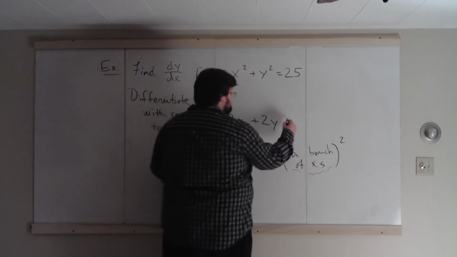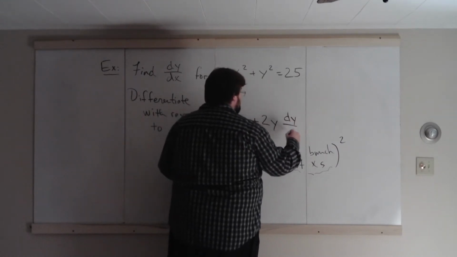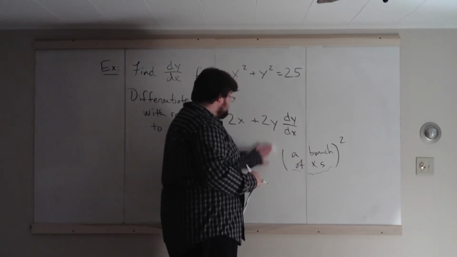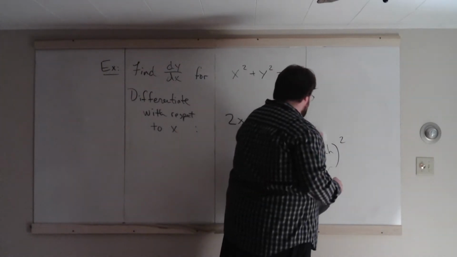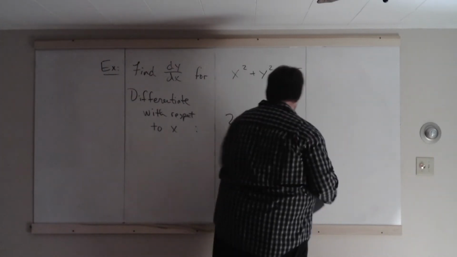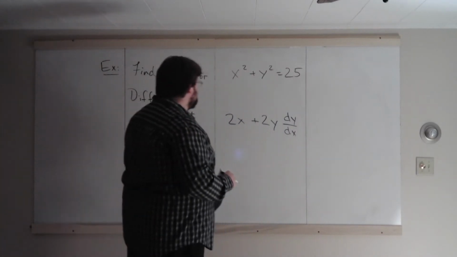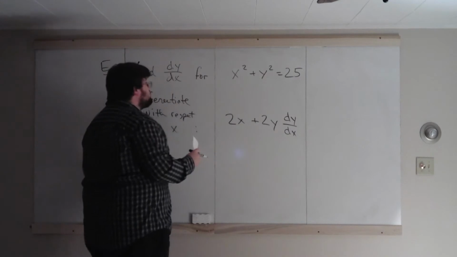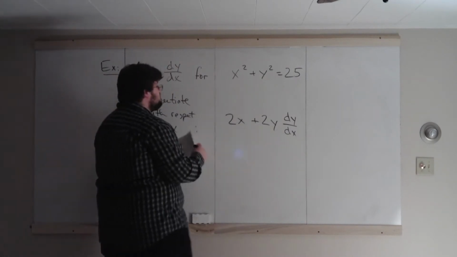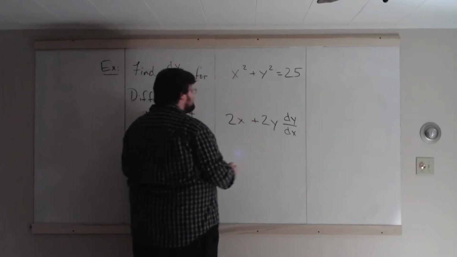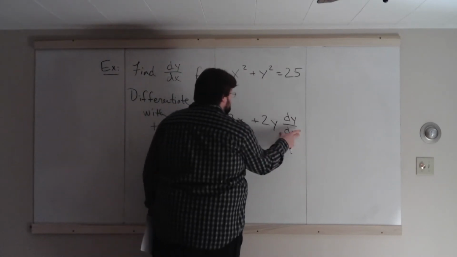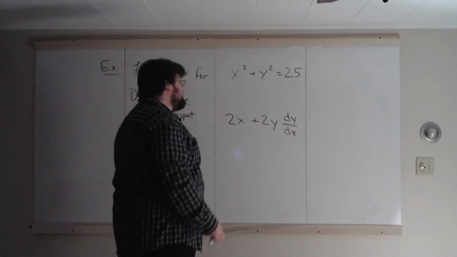The derivative of the inside is y, and we're taking the derivative with respect to x, so the derivative of y with respect to x is dy dx. So here, taking the derivative with respect to x, x squared turns into 2x, y squared turns into 2y dy dx from the power rule, giving us 2y to the first, then multiplied by the derivative of the inside.